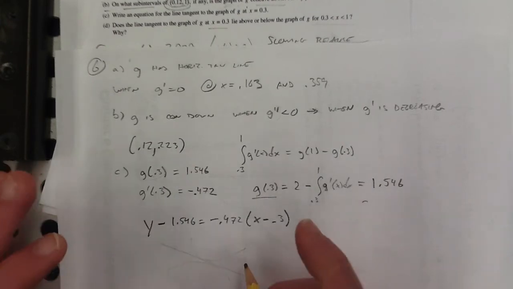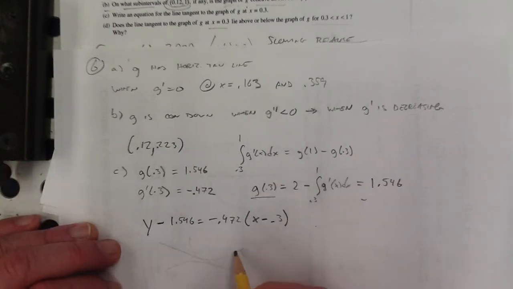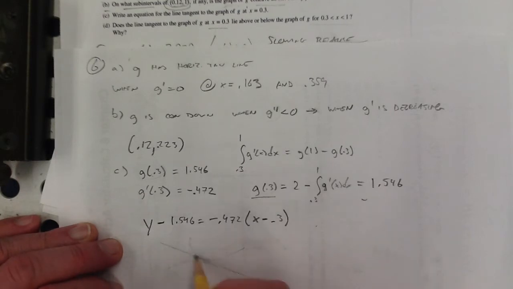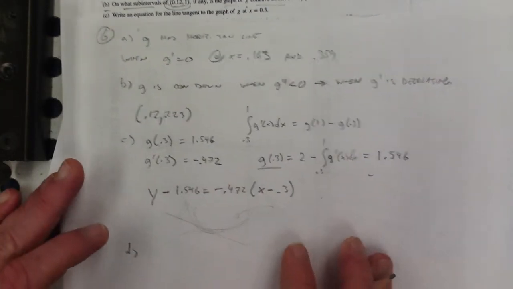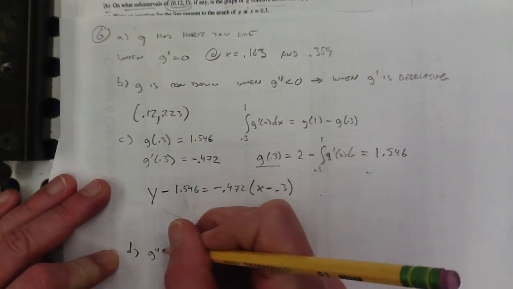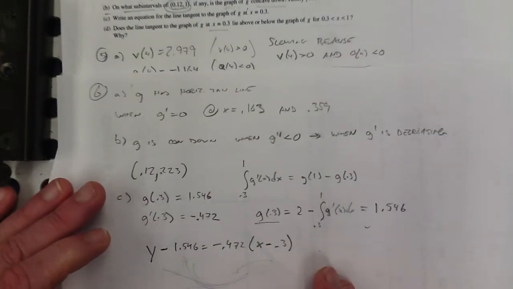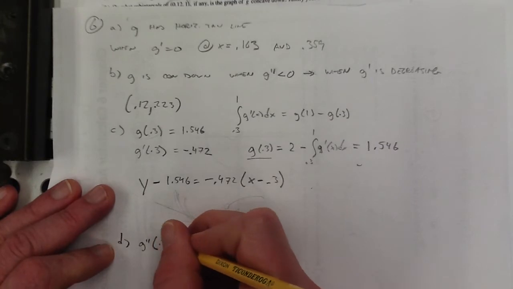And that depends entirely, 100% only, on the concavity of this. If this is concave up, the original g function, then the tangent line is going to be below it, and vice versa for concave down. So I just need to figure out what the second derivative at 0.3 is.